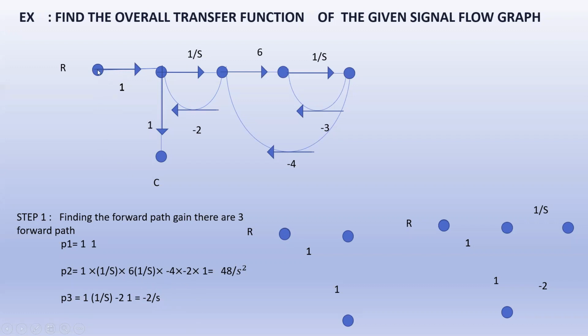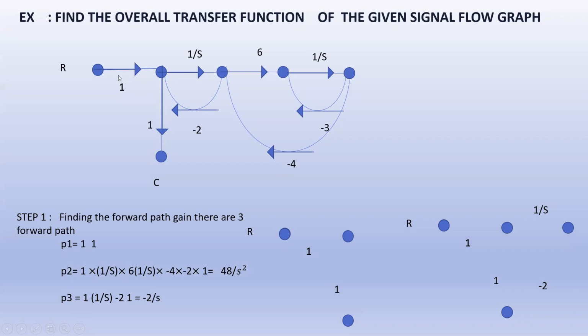And we have another path gain which is of this kind. If we travel along this node, to this node, to this node, and to this node, and if we come back to this node along the loop, and then go to the output node, we have this forward path.